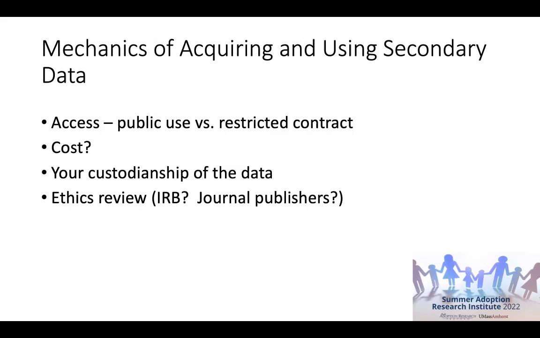I know at UMass, if you have a question about whether a particular project needs to be reviewed or not, they have a little preliminary form that asks a number of questions that you can just submit, and they'll come back to you and say, no, go right ahead, or yes, we want to review it, but it will be exempt from review by the full IRB. The IRB is the Institutional Review Board, which is the ethics committee. So always important to check with your IRB, and always worth emailing or calling them just to make sure that you're on the up and up about what you need to do.